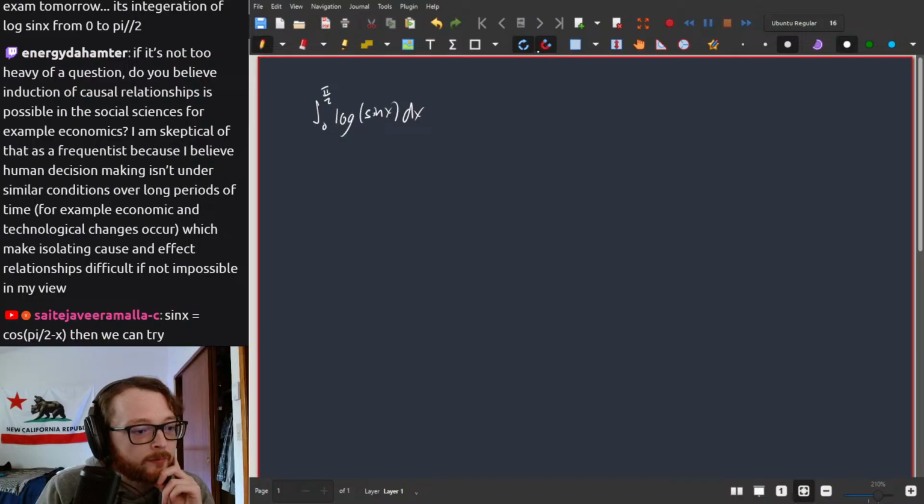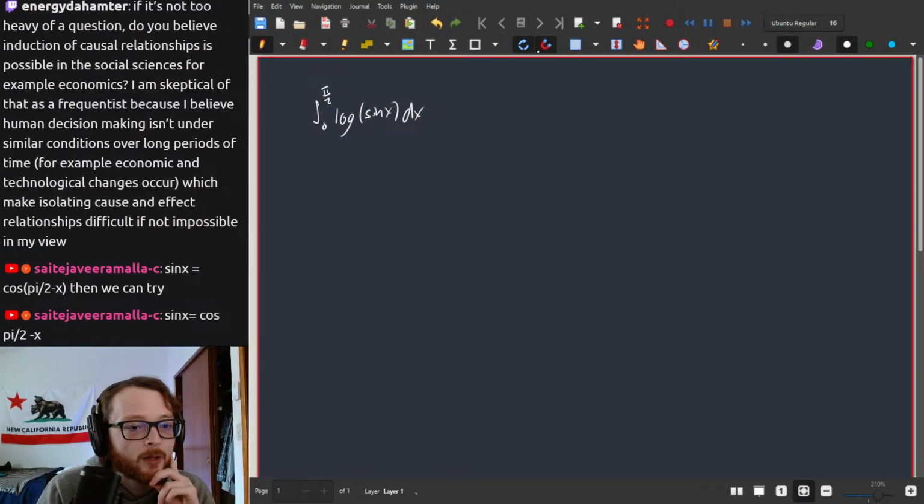Since we have a question: do you believe induction of causal relationships is possible in the social sciences, for example economics? I am skeptical of that as a frequentist because I believe human decision making isn't under similar conditions over long periods of time. Economic and technological changes occur, which make isolating cause and effect relationships difficult, if not impossible, in my view. I mean, I can't say I've thought about that all that much, but I do think you can only make very narrow statements when it comes to cause and effect.